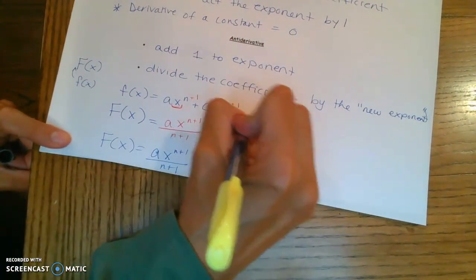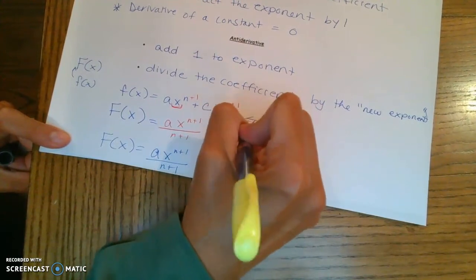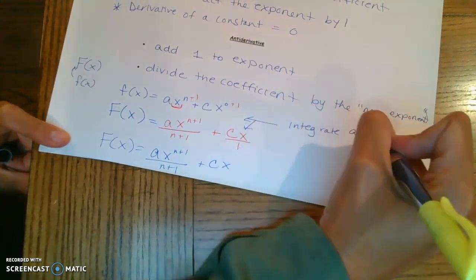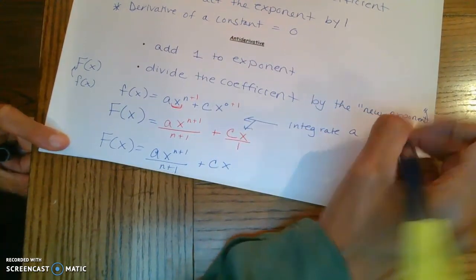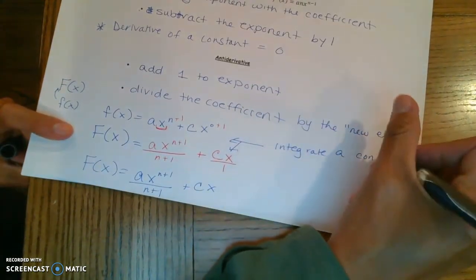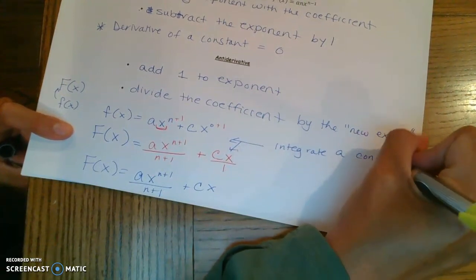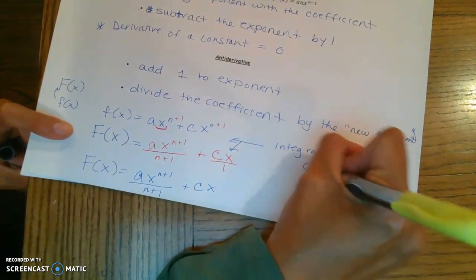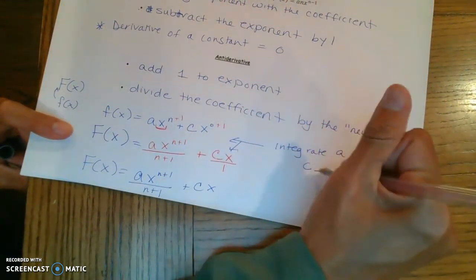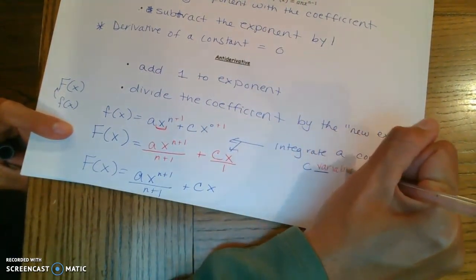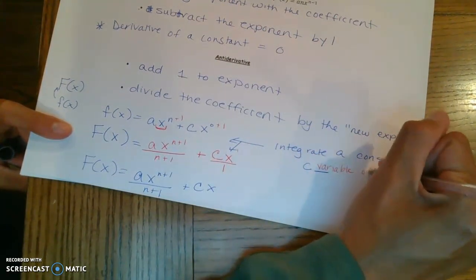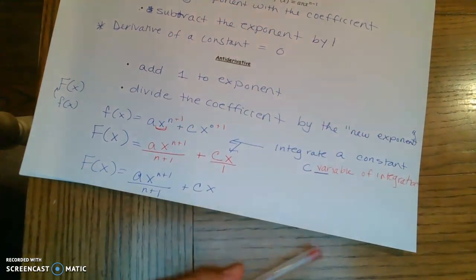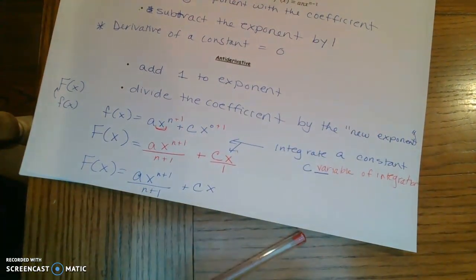Well, here, showing you here, if I integrate a constant, you are now going to get the constant with the variable of integration to the first power. All right, and we will do more practice of that. I'm just going to pause and make sure that you understand this piece for right now.